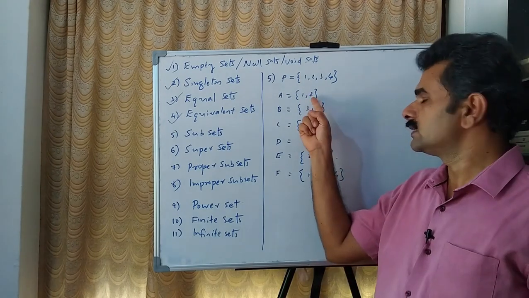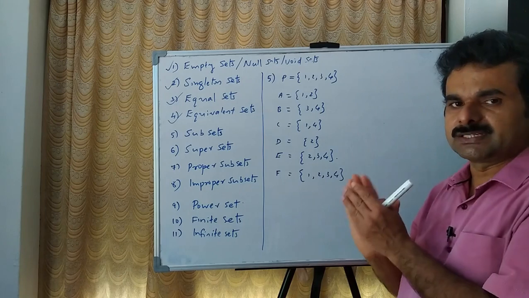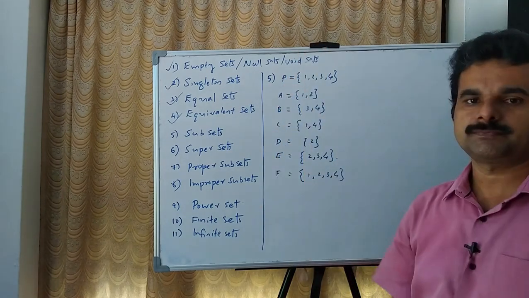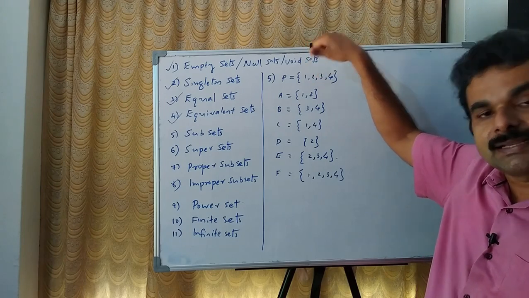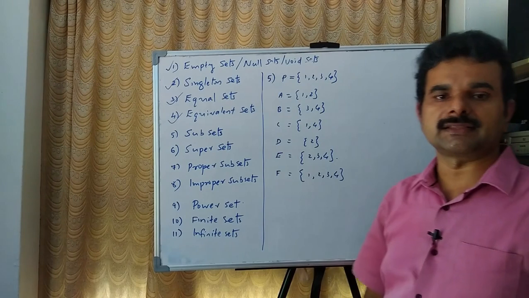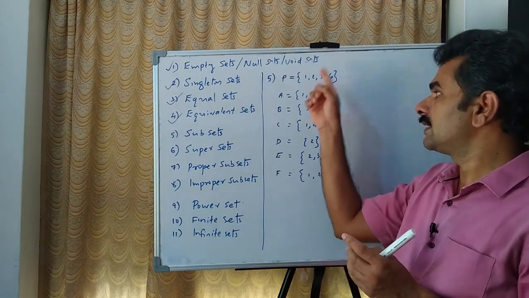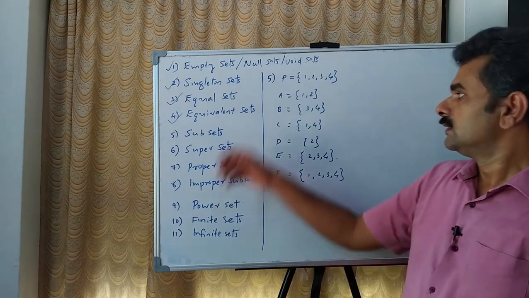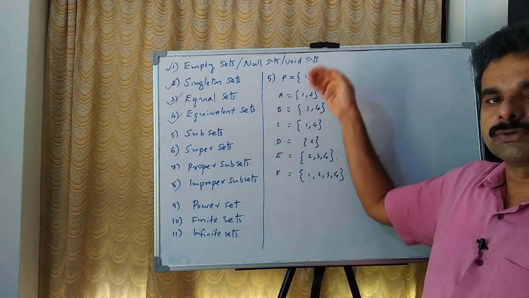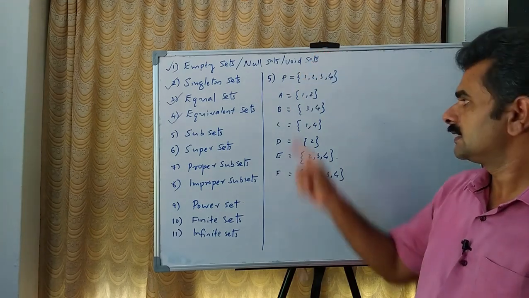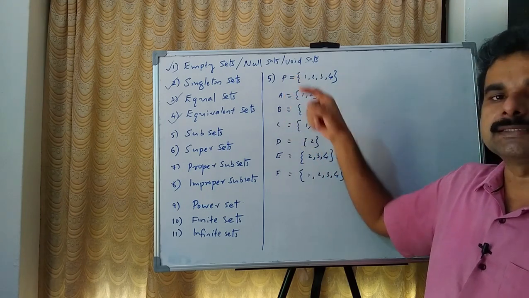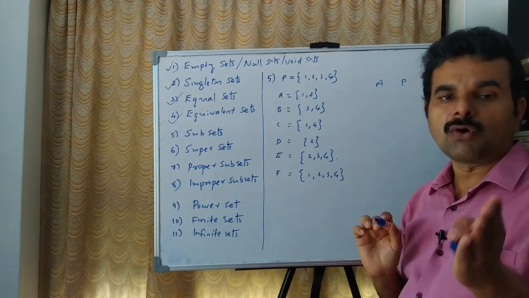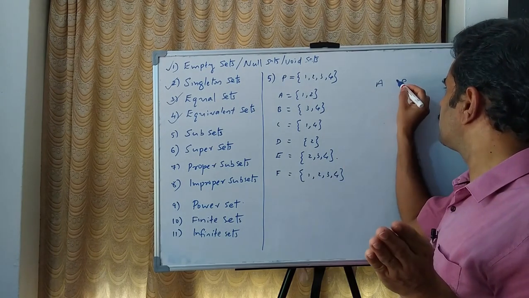Yes. 2 also belongs to the set P, which means I am writing the set capital A by using some of the elements of the set P. You can't see any other elements other than P in capital A, right? So this set is made by using some elements from the set P. Here A is the small set and P is the big set, and all elements of the set A can be seen in P.